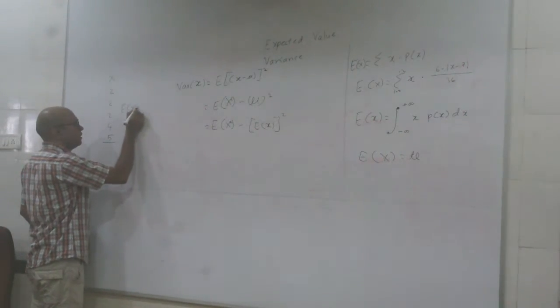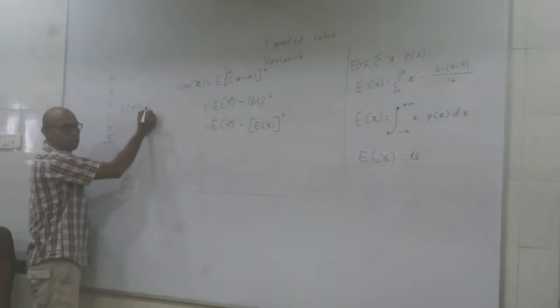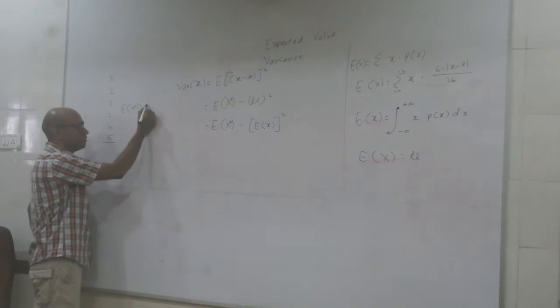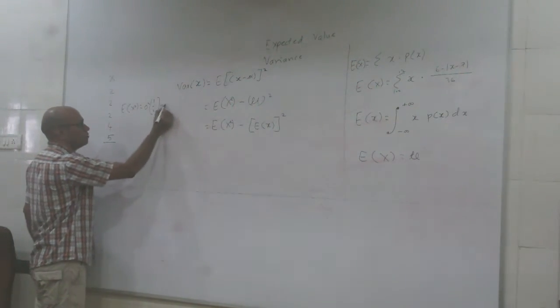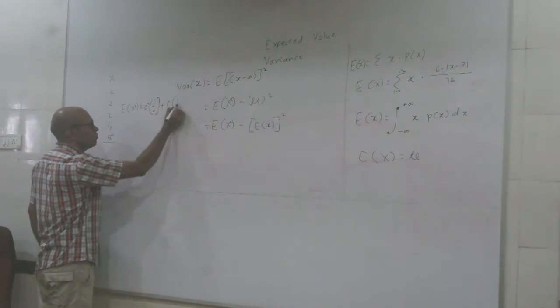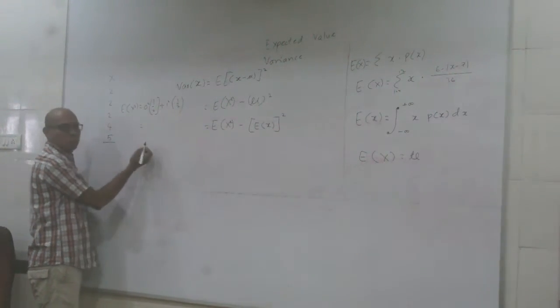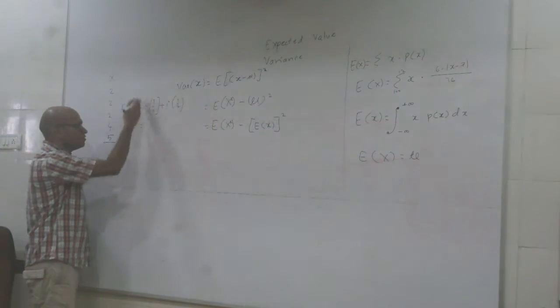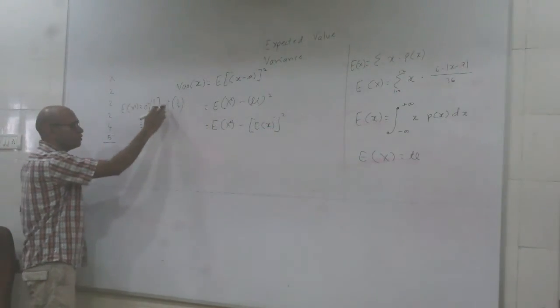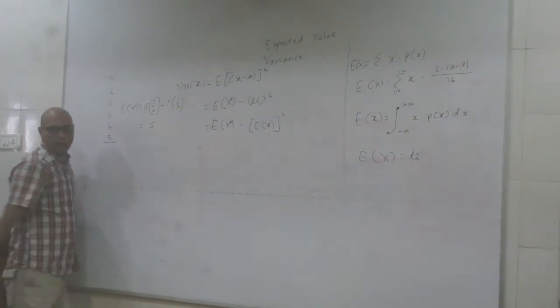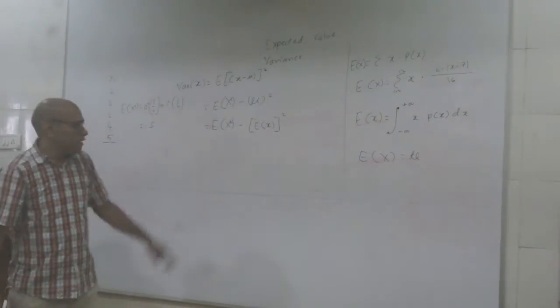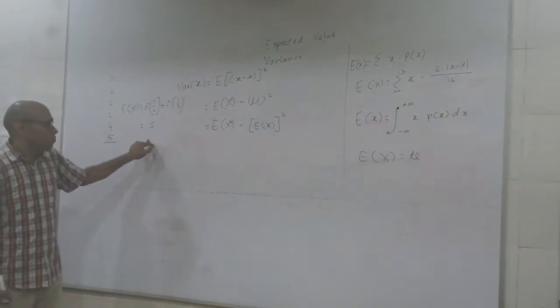Expectation of x square is equal to 0 square into 1/2 plus 1 square into 1/2. 0 square is 0, 1 square is 1, and 1 into half is 0.5, right? So expectation of x square is 0.5.